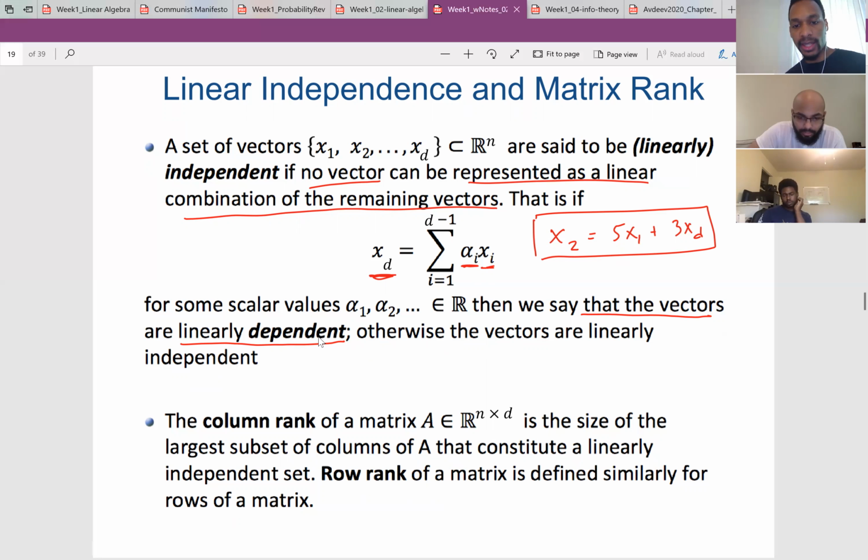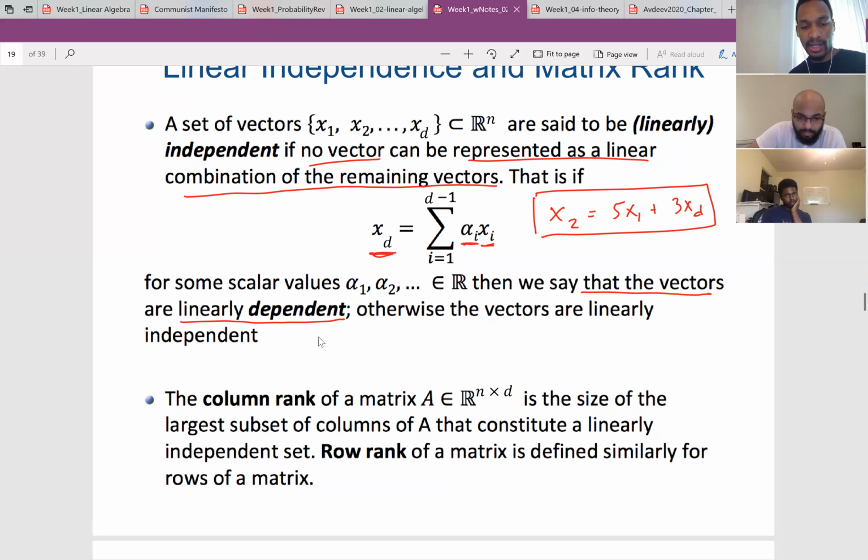And that leads to the idea of rank. Column rank is when we're looking at the vectors along the columns of a matrix A. So this is A, and these are the columns 1, 2, 3, 4, for instance. The column rank of a matrix A is the size of the largest subset of columns of A that constitute a linearly independent set.